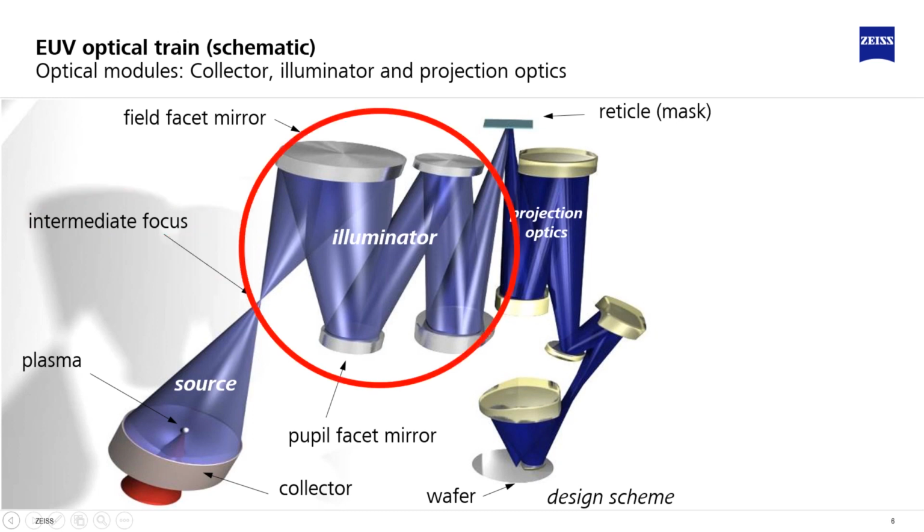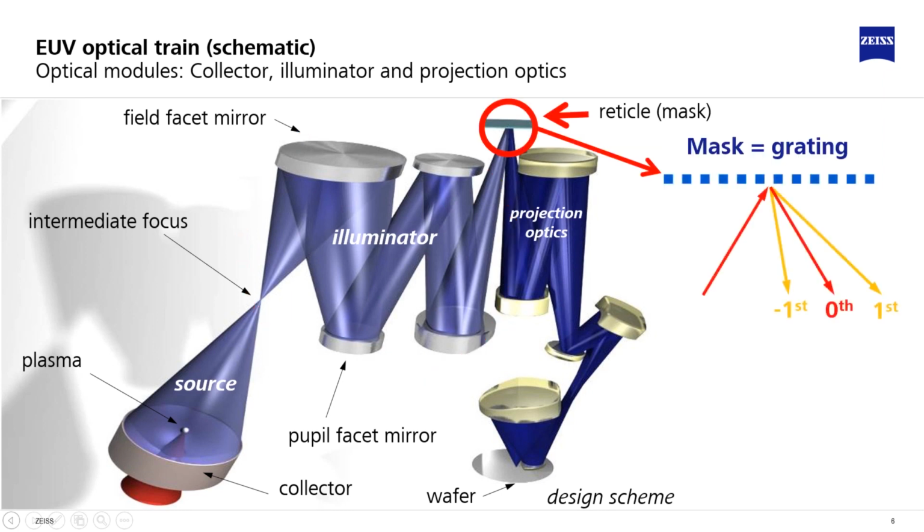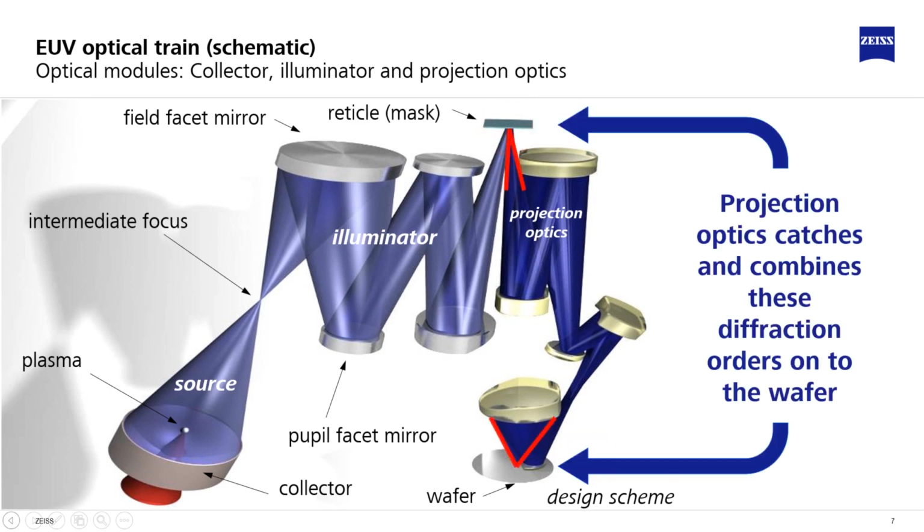The illuminator then forms the light such that the mask is illuminated very homogeneously from well-defined beam directions. The mask is a critical optical element in itself. The structures on the mask generate a complex diffraction pattern containing the circuit information. The projection optics catches and recombines this diffraction pattern, finally imaging the mask structure onto the wafer via the numerical aperture.